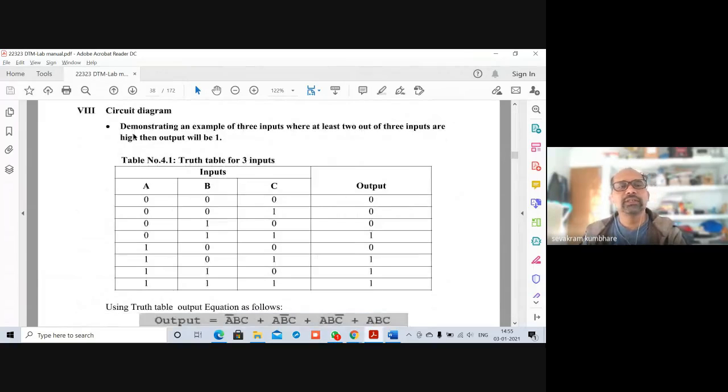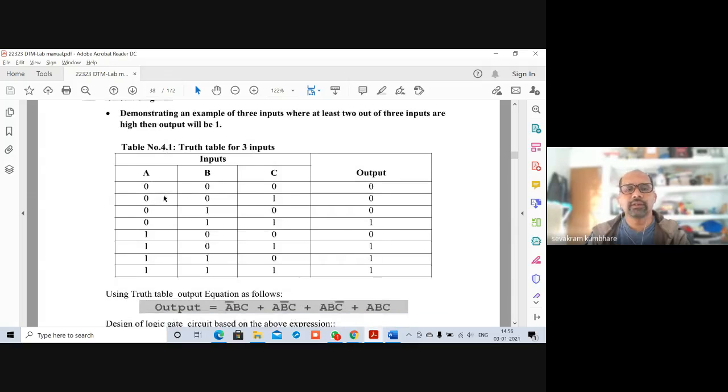Now the circuit. What is given? Demonstrating an example of 3 inputs where at least 2 of the 3 inputs are high, then output will be 1. That we have to verify.